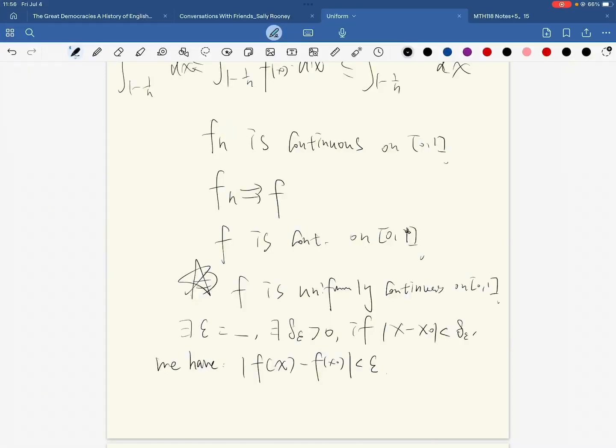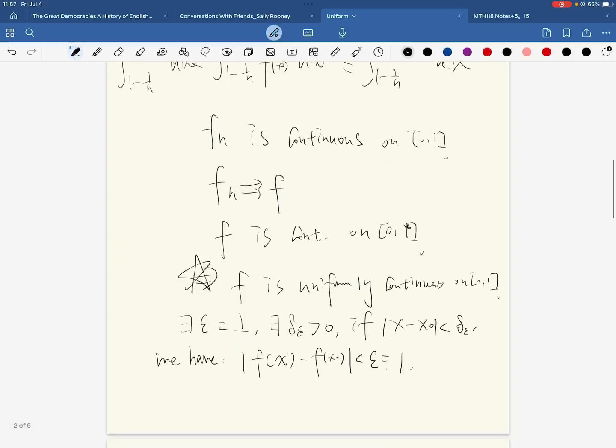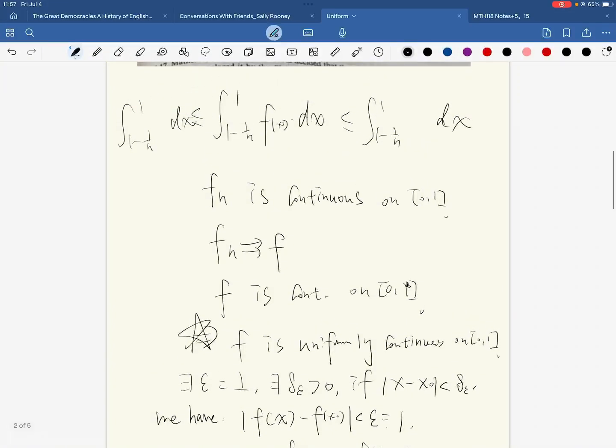So we could take epsilon to be 1. So we know that here f(x) is bounded by f like that.